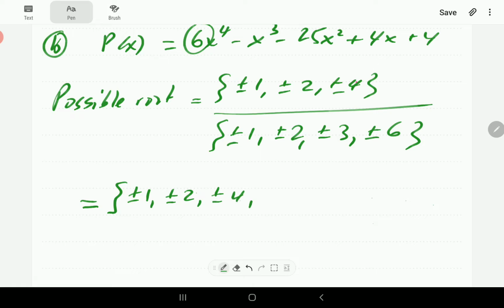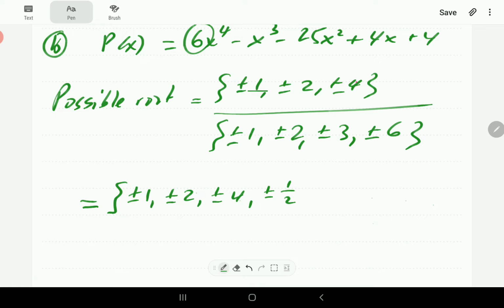Then we're going to divide by 2. So when you divide 1 over 2, that's going to give us plus or minus half. Then 2 over 2 is 1, but 1 we already have. 4 over 2 is 2, 2 we already have.